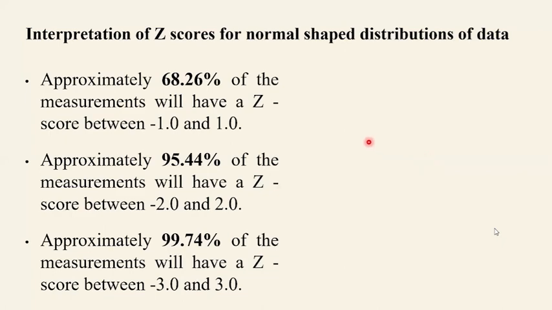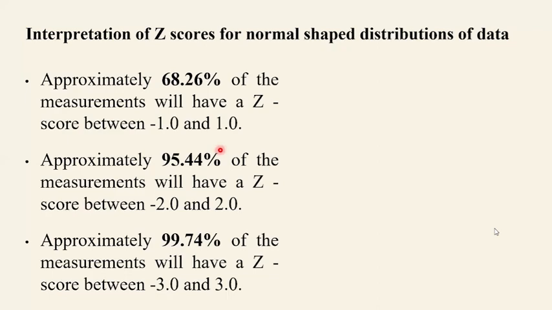For the standard normal or any normal curve, there is a distribution pattern. In the first case, approximately 68.26% of the measurements will have a score between -1 and 1.